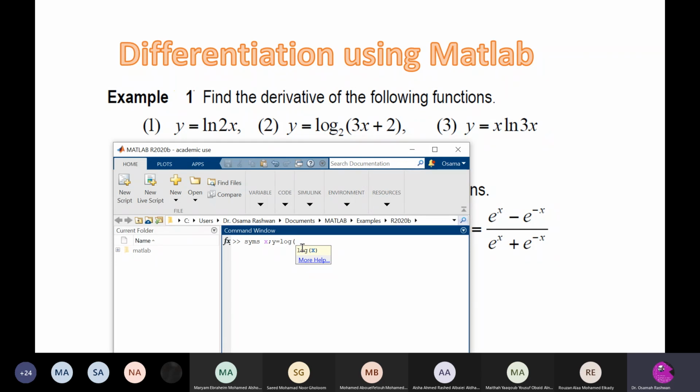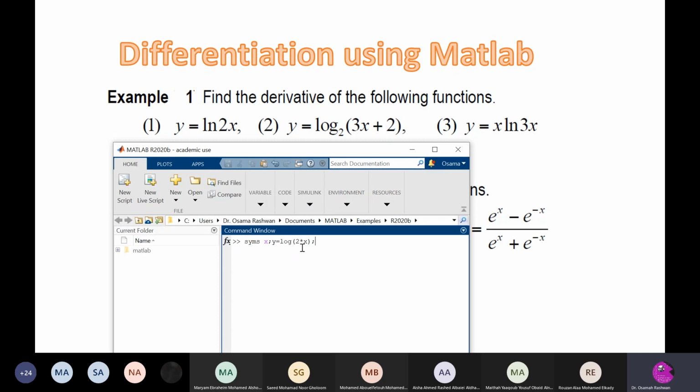So in any software, we write the function name and open bracket, and then log of 2x. Don't write 2x, because in any software, in any language, you have to write the operation. What you are going to do with 2 and the x, you multiply them. So 2 star x.